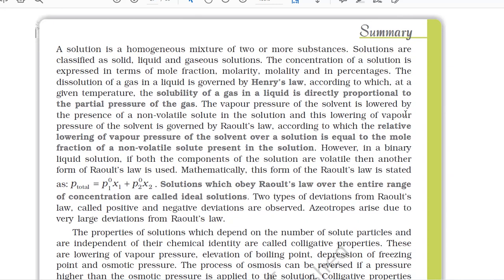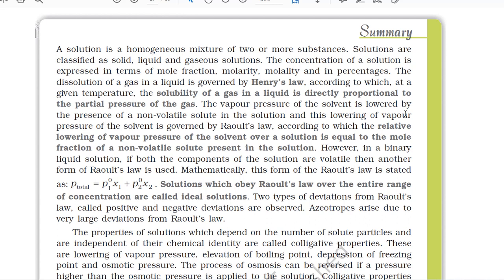Summary: A solution is a homogeneous mixture of two or more substances. Solutions are classified as solid, liquid and gaseous solutions. The concentration of solution is expressed in terms of mole fraction, molarity, molality and in percentage. The dissolution of a gas in a liquid is governed by Henry's law, according to which at a given temperature, the solubility of a gas in a liquid is directly proportional to the partial pressure of the gas.